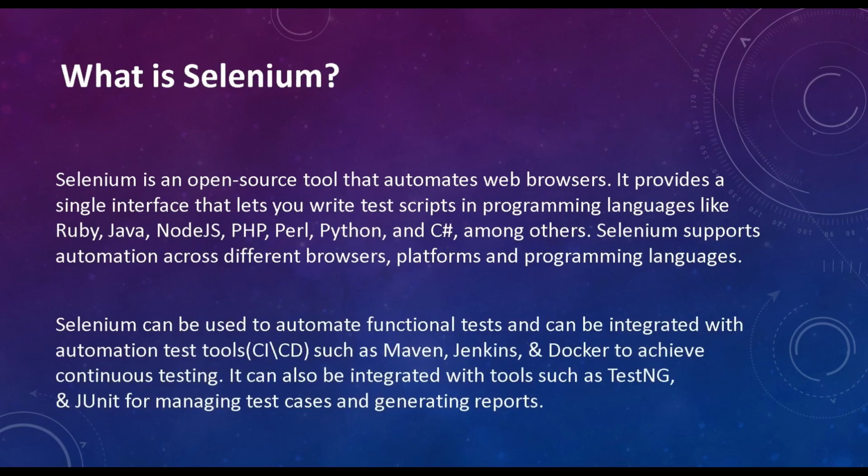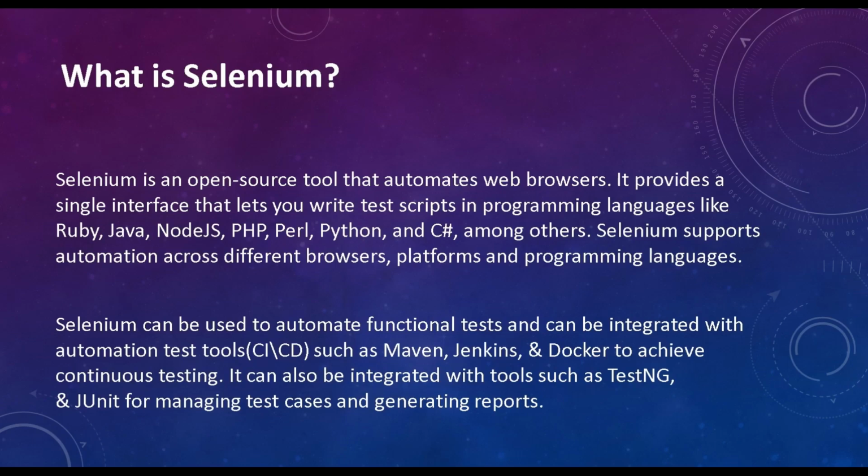Selenium can be used to automate functional tests and can be integrated with automation tools such as Maven, Jenkins, and Docker to achieve continuous testing. It can also be integrated with tools such as TestNG and JUnit for managing test cases and generating reports. Selenium is a tool for automating web browsers because it provides the functions to perform events or actions on the application that we open in the web browser.